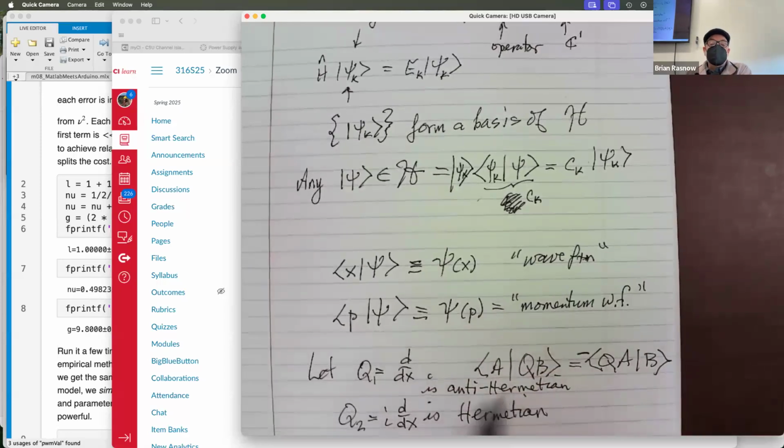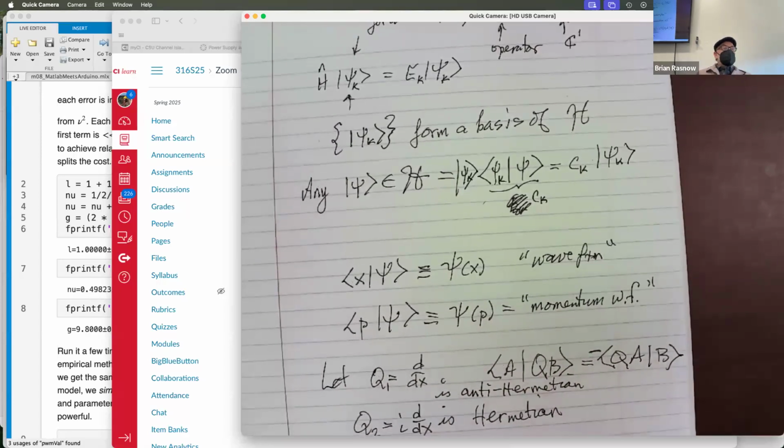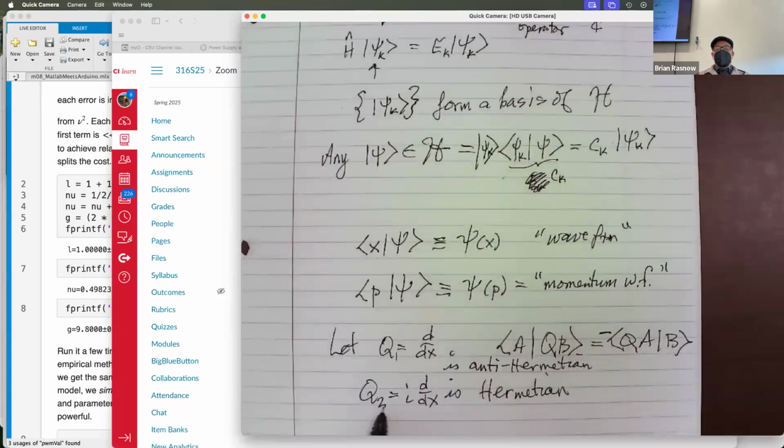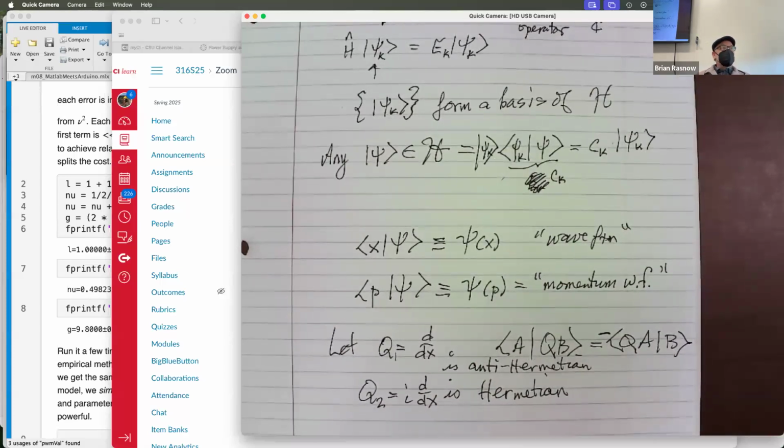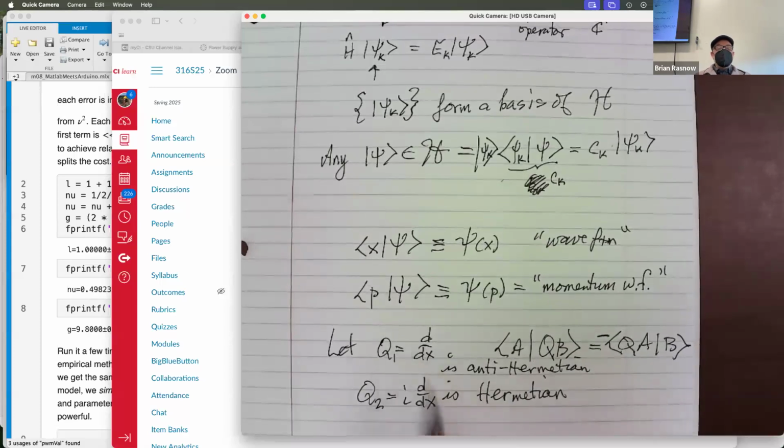And so this being anti-Hermitian means that d by dx is not an observable. But i times d by dx is, or could be, an observable because observables have to be Hermitian. This operator has real eigenvalues. This one does not.